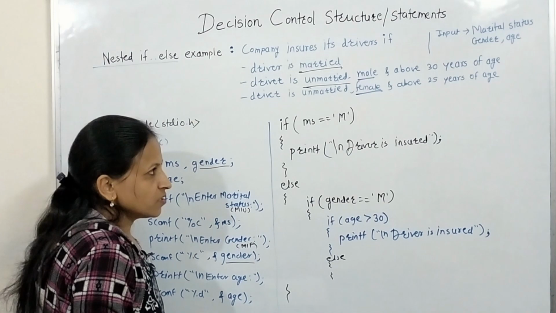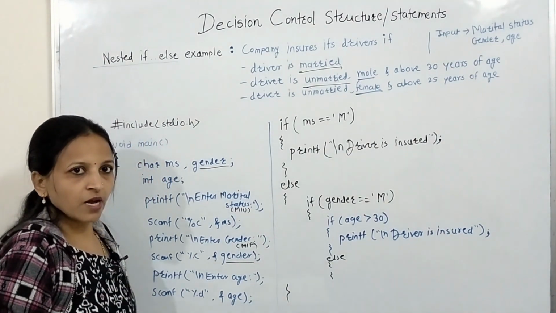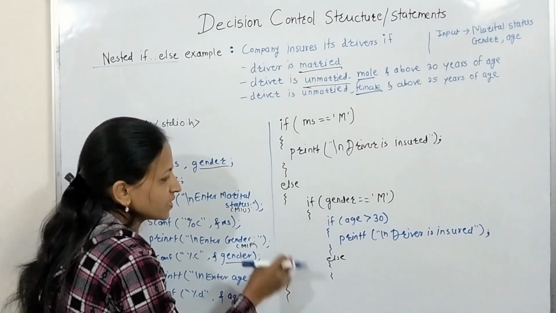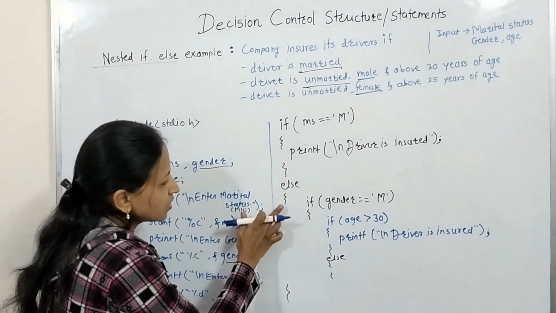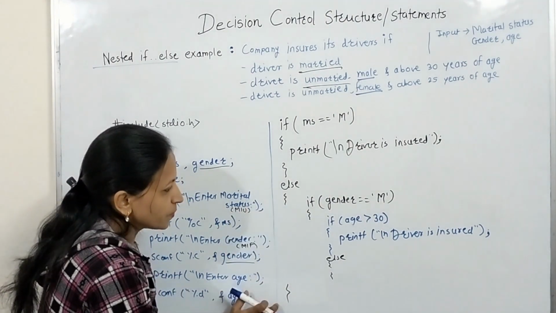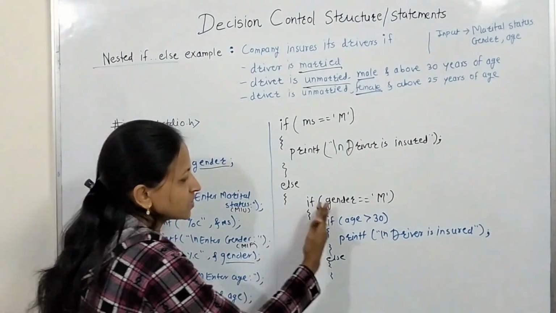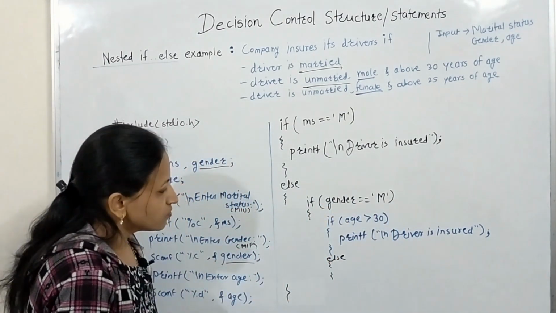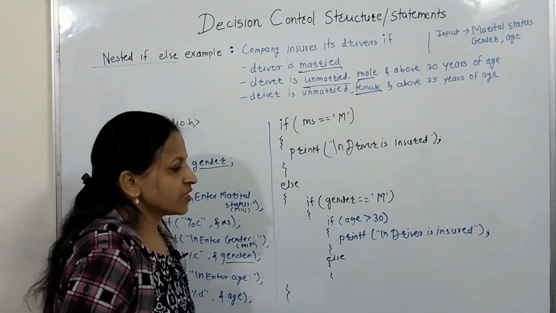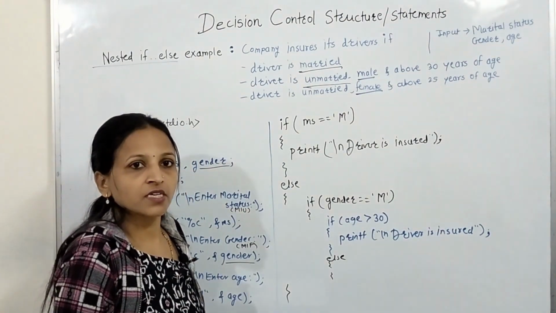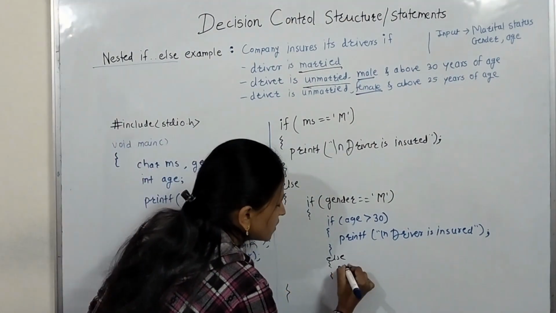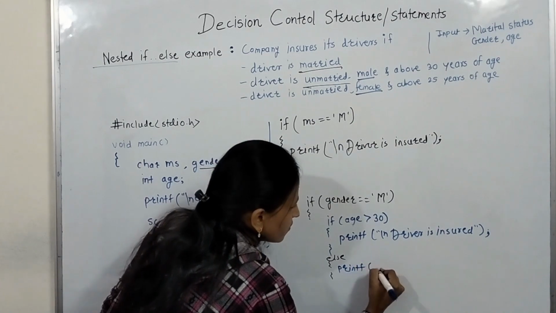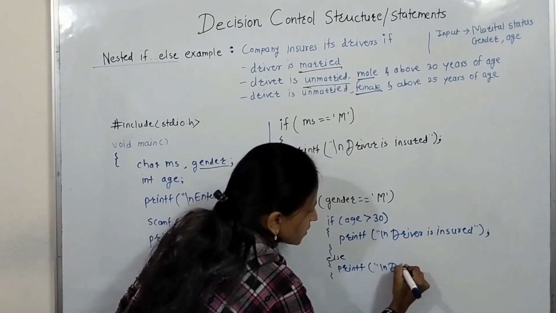Normally beginner programmers always make mistakes while placing these braces. Always put it in this way. This is the opening, this is the closing, and write whatever statements as the inner part. Now inside else we can definitely say that the driver is not insured. That's why we have to write here printf driver not insured in this way.